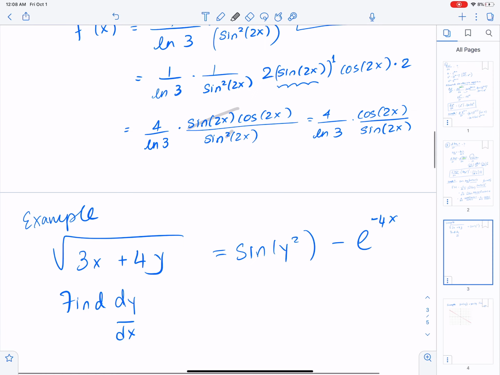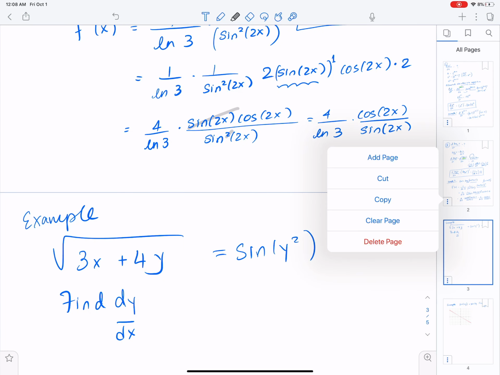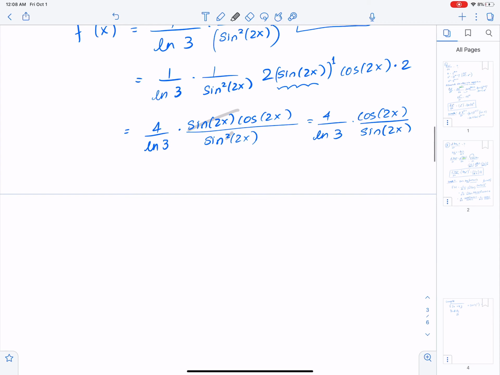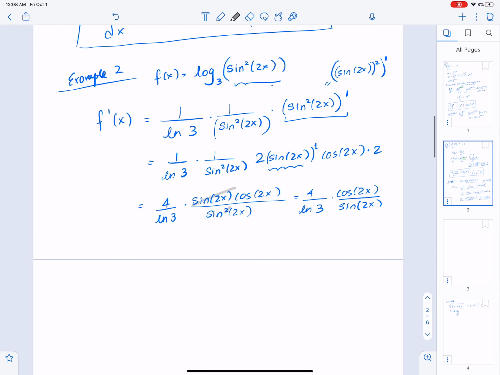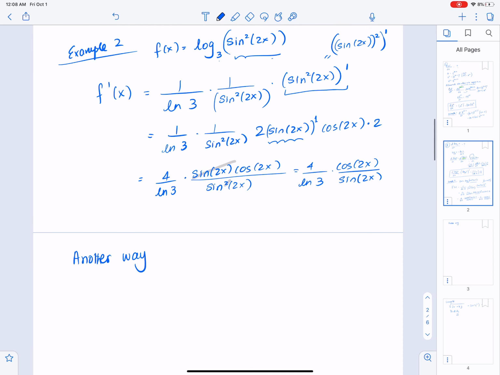Well, that's curious. Here's something else to note with the same example. If you, instead of doing it this way, noted that you have log base 3 of a square and use the log rules.